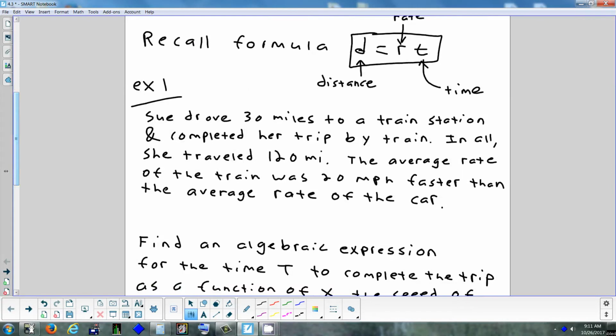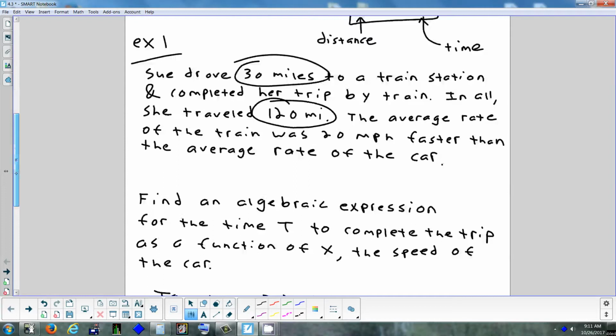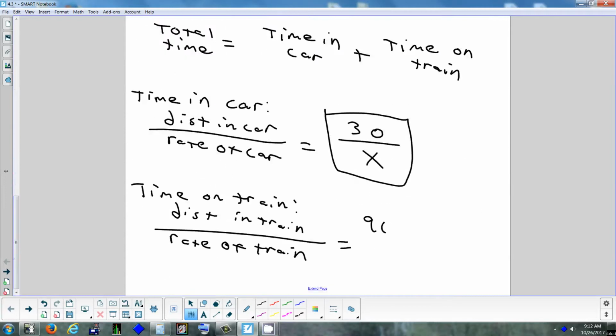So she traveled 120 miles, and she did 30 of it by car. Oh, wait, no, 90. That's okay. I was doing division for some reason. So yeah, 120 miles minus the 30 gives you 90 on the train, 30 in the car. And now what's the rate of the train? We have to express it like before, in a similar way, relative to the car.